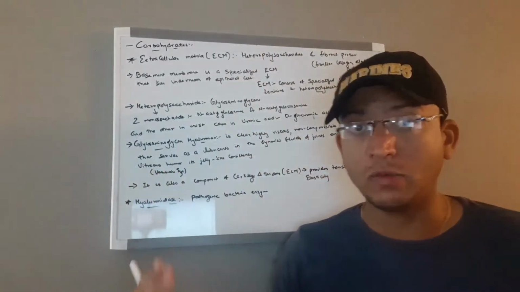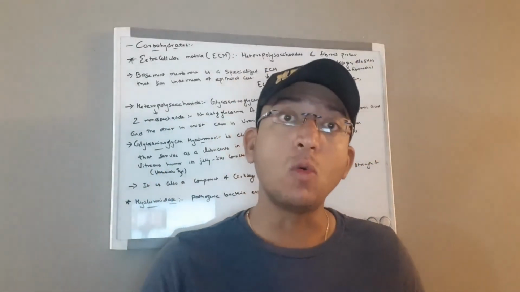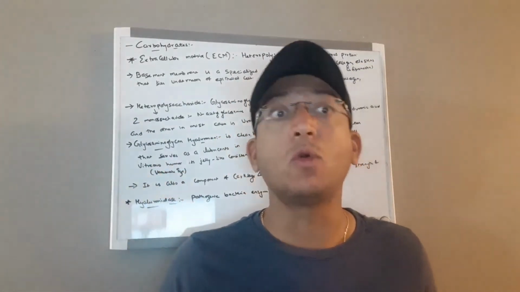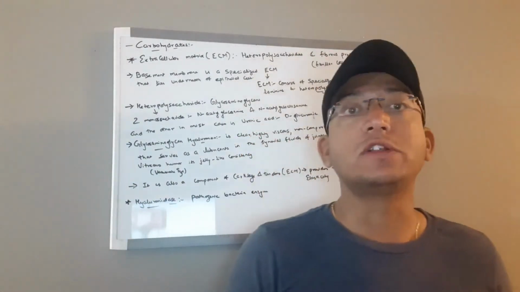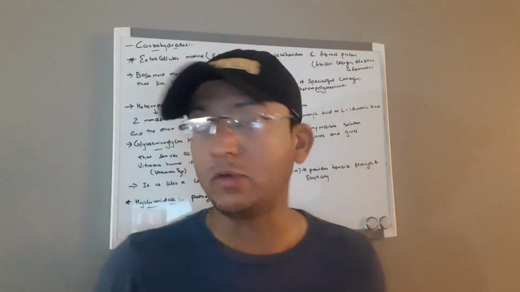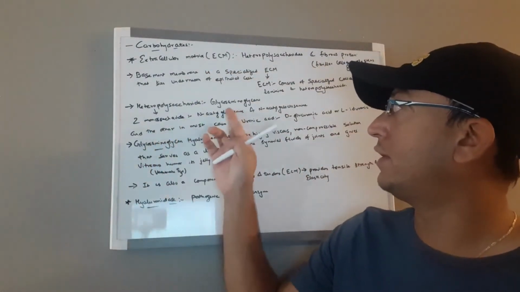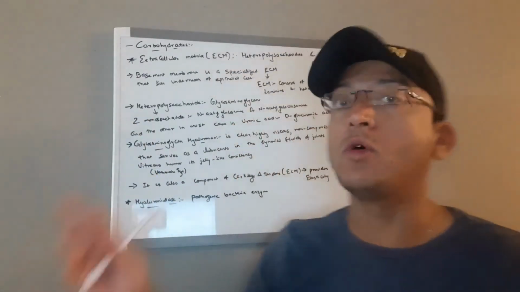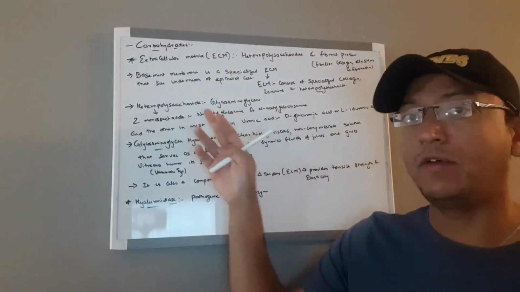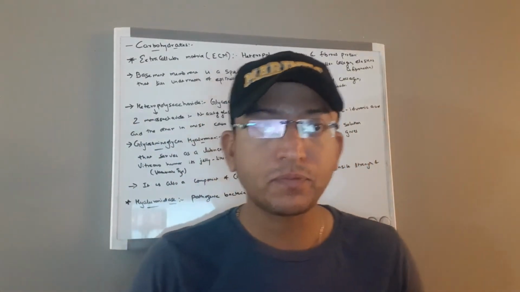The others are very much shorter. They are covalently linked to a specific protein, that is, proteoglycans, and one or both monomeric units differ from those of hyaluronan. So the others might have a different kind of monomeric unit, right?